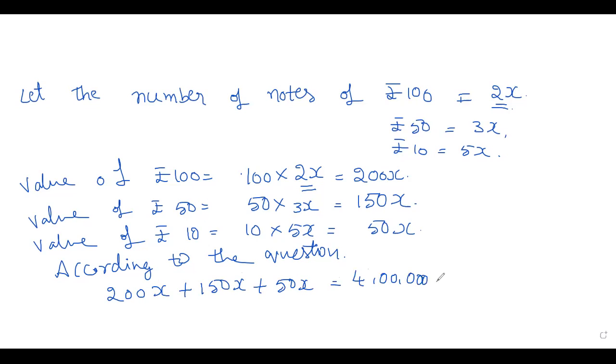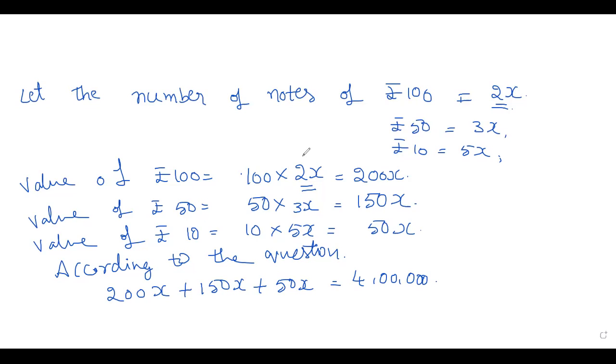Once again, I will explain, children. The number of notes are taken as 100 rupee notes is equal to 2x. So you know how to write this, right? Till here you understood. Next, value of ₹100. For example, if it is 10 notes, what do you do? 100 into 10, that is 1000.